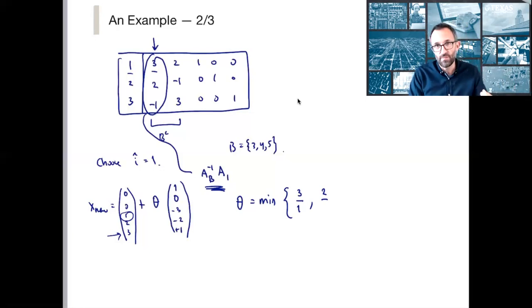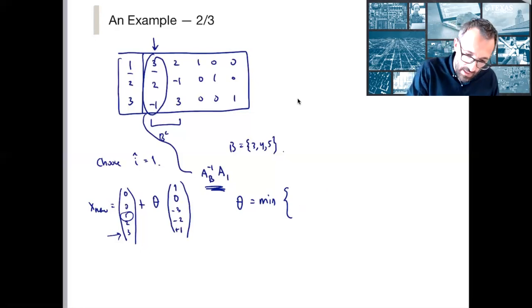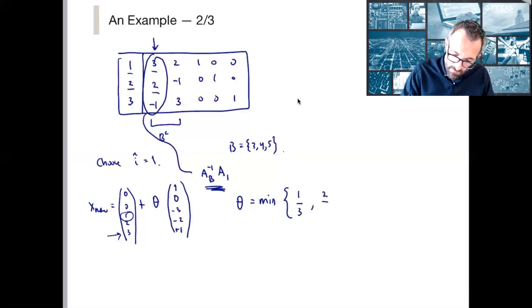I need to divide x by d. So it is 3 divided by 1 and 2 divided by 2. So this is the winner.